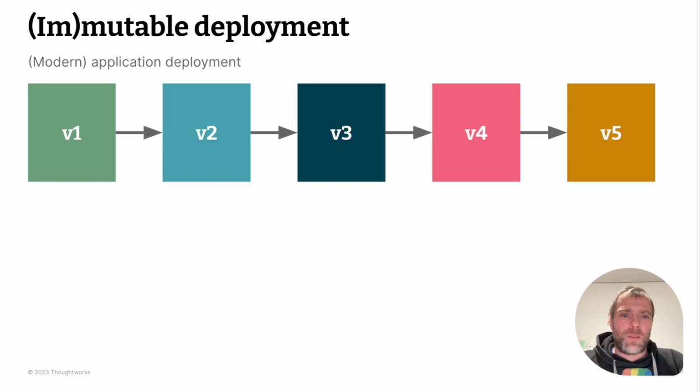Another challenge is that when you look at the deployment of modern applications, today we usually see what is called an immutable deployment. So think about a containerized application that you deploy via a container image. Whenever you run an update of this application, what happens is that the old image gets completely replaced by a new image.